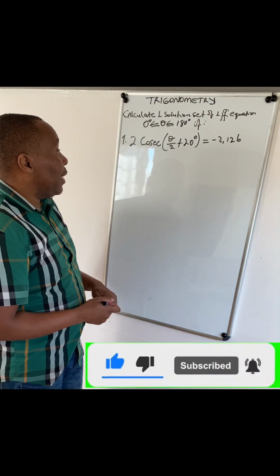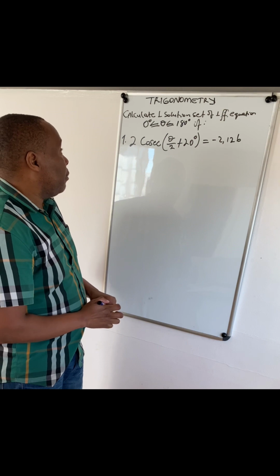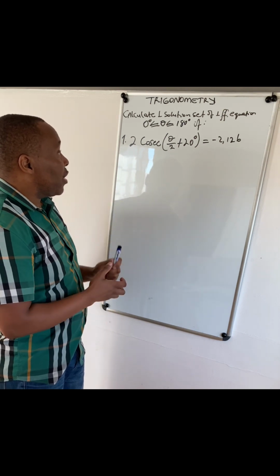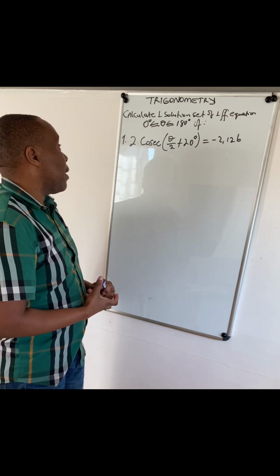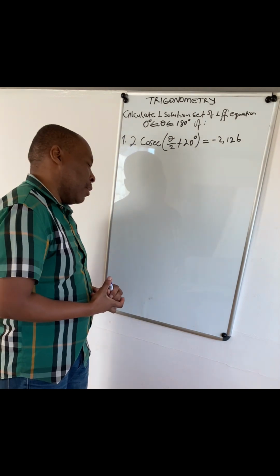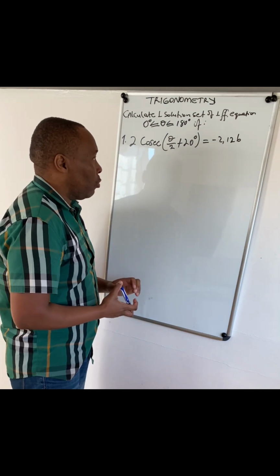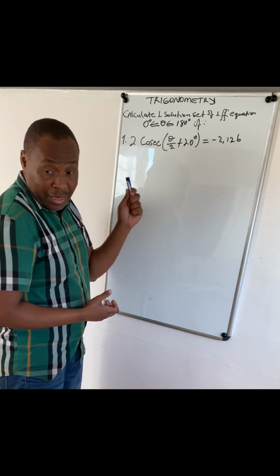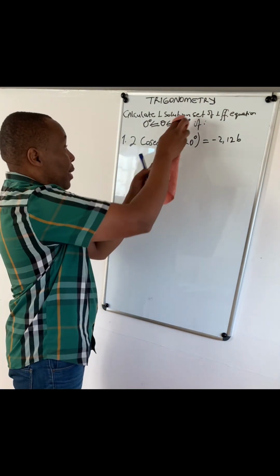Instruction we are given here. Calculate the solution set of the following equation, where theta is greater than or equal to 0 degrees and less than or equal to 180 degrees. In fact, guys, let's make it 360.